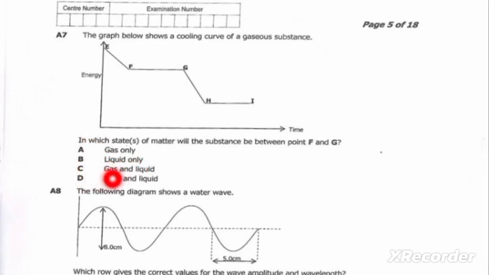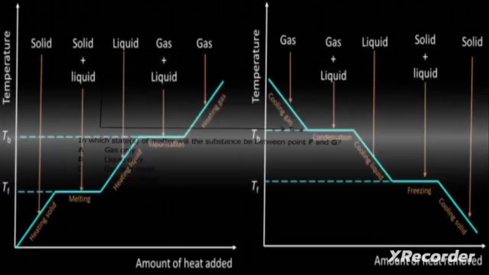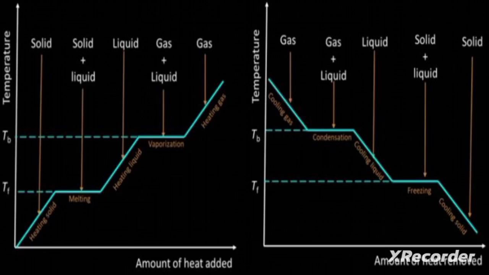C, gas and liquid. D, solid and liquid. So to answer this question, let us compare these two curves. The first one, we have the heating curve. The second one, we have the cooling curve. So our major interest is here, the cooling curve.